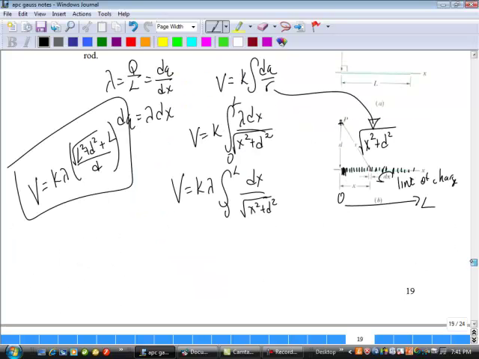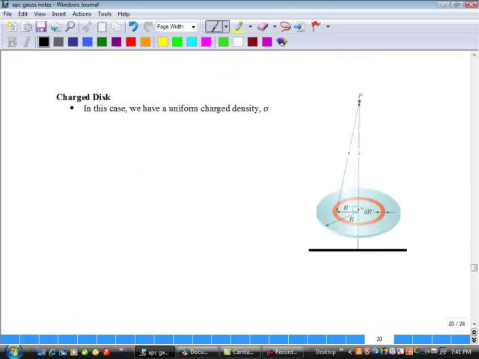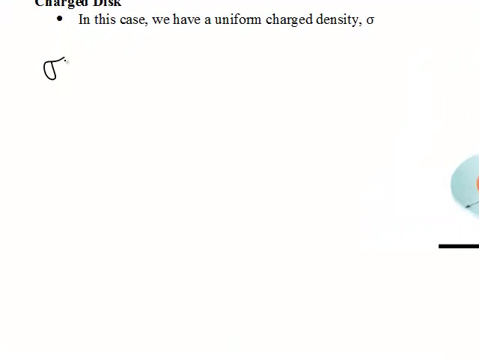In addition to having these little lines of charges, we might also have a charged disk. We'll have a charged disk of uniform charge density lambda. And so again, lambda is charge per unit area. And here comes the area. How can we do this area?